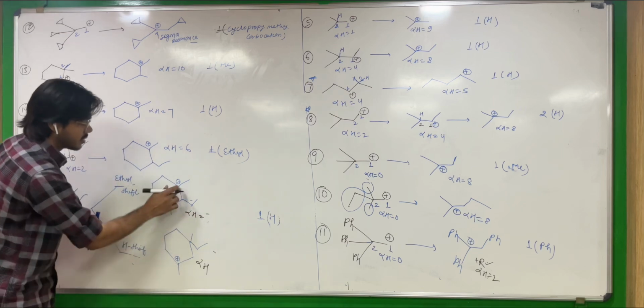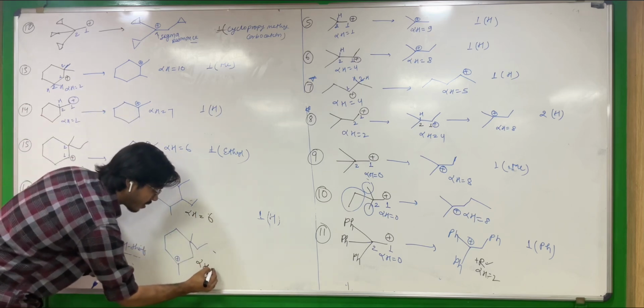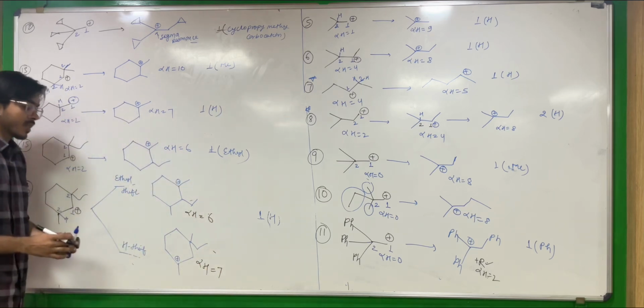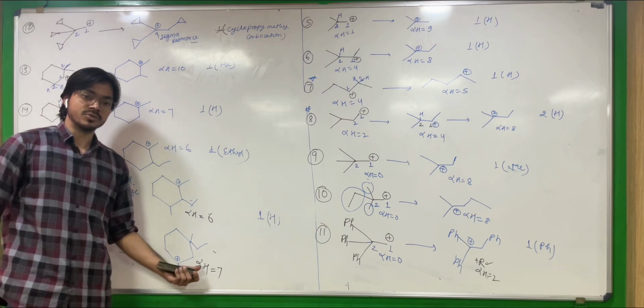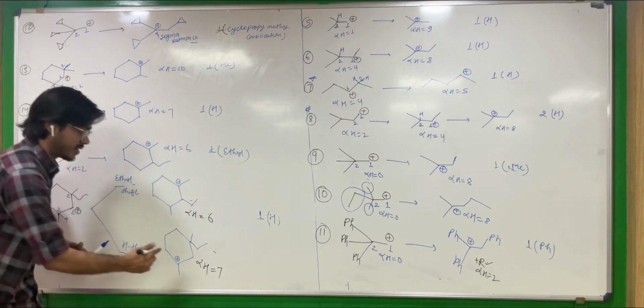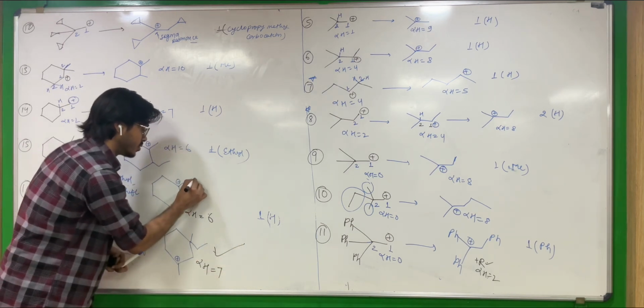Okay, here it is 3, 3, 6, and here we count alpha hydrogen, that is equal to 7. Now this has more number of alpha hydrogen, so this will be more stable, na? So this is the correct rearrangement. This one is correct and this one is wrong.